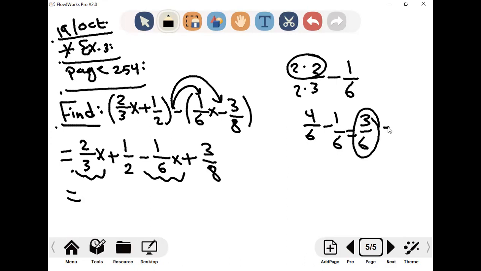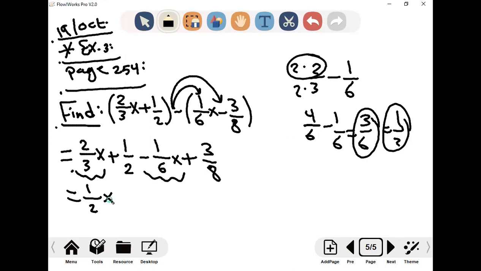Don't leave it like this. It is 1 over 2. I simplified it. 3 over 6, it is what? 1 over 2. So here 2 over 3x minus 1 over 6x is 1 over 2x. Check.